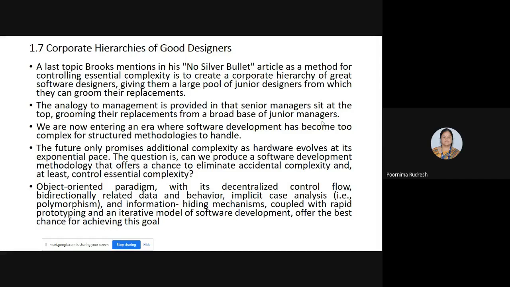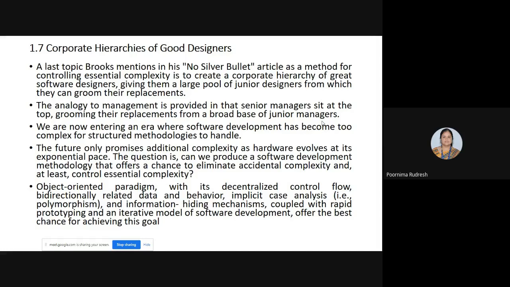So this is about the corporate hierarchies of good designers. Here first we are designing or creating the hierarchy of the software designers. Below the great software designers, we have the junior designers. And one more is the analogy to management, where the senior managers sit at the top and junior managers are placed below the senior managers.